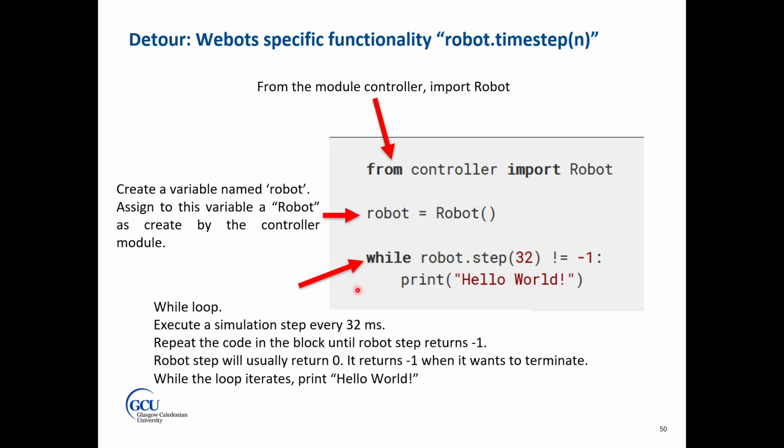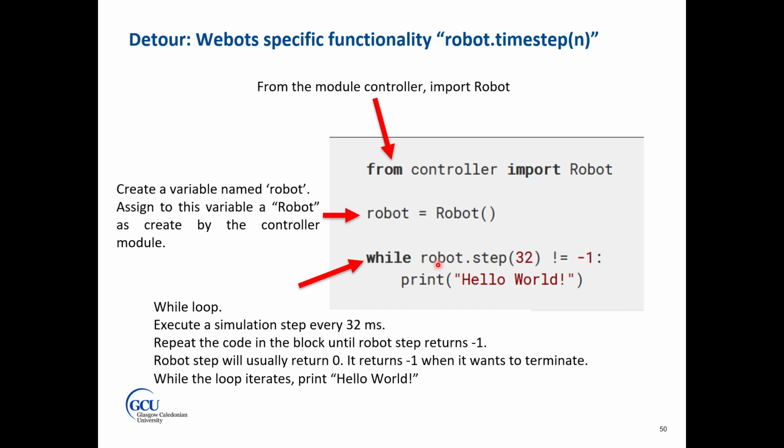And finally, the most interesting thing here is that we have while robot.step(32) != -1: print hello world. Remember that this is a while loop, and this is going to be executed while this condition is true. robot.step by default is going to return a 0.